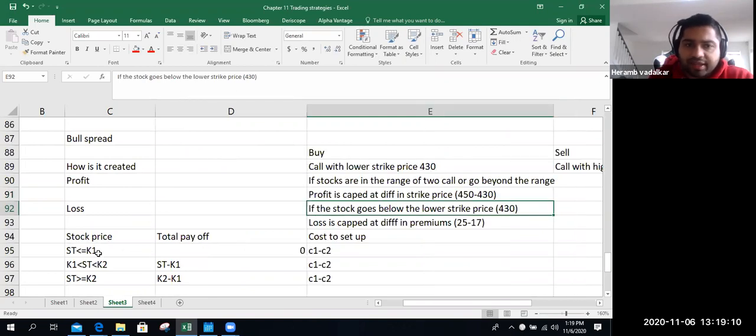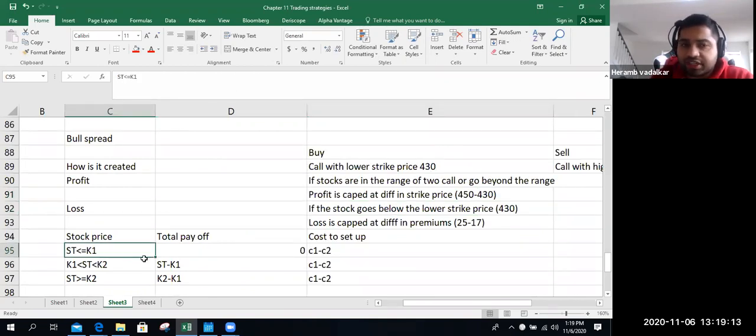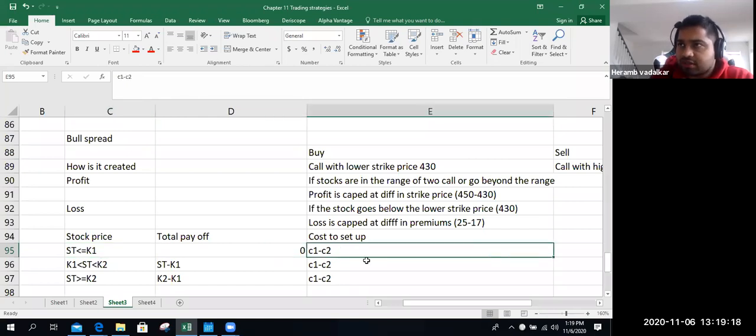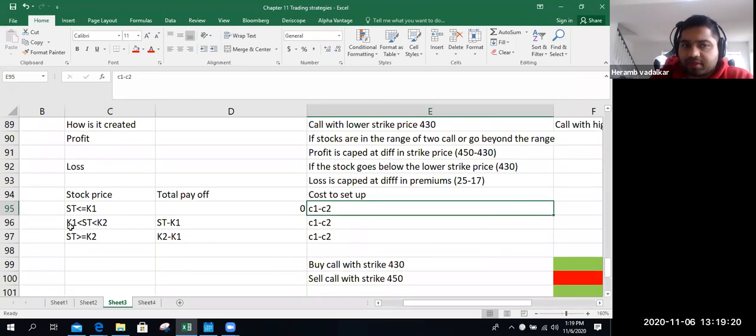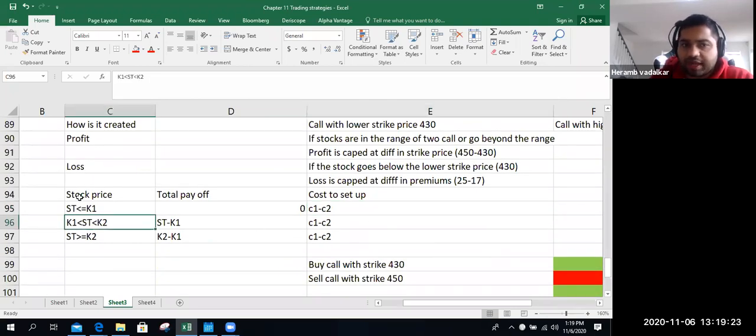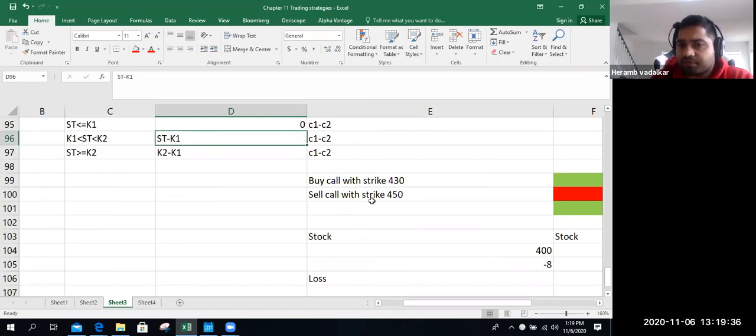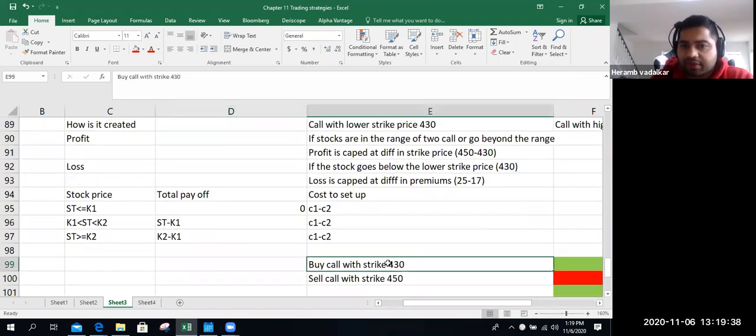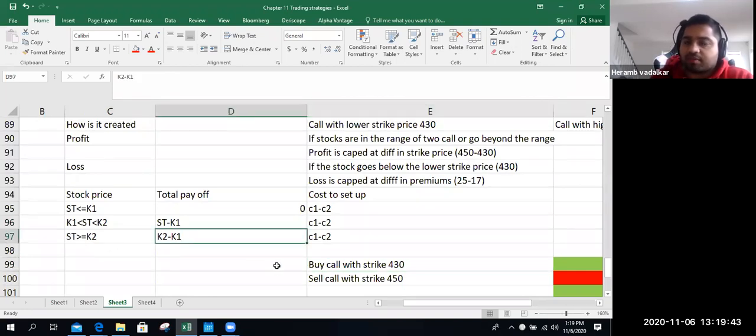So this is the summary. If the stock price is less than 430, where K1 is 430, you only lose the difference between premiums. If the stock price is between these two strike prices, like 430 and 450, the payoff is ST minus K1, that is, stock price minus the lower strike price. And if the stock goes above K2, the money that you make is the difference between premiums.